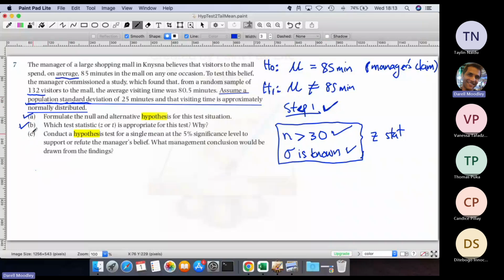For question C, you're going to do the remaining 4 steps, and that will answer question C. So now we're moving to step 2. Step 2 is to find your rejection region, or your critical value. It's the same thing. I'm going to write, find the rejection region. And I'll tell you what I mean by that.